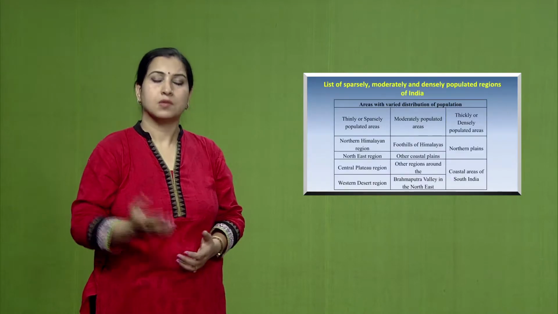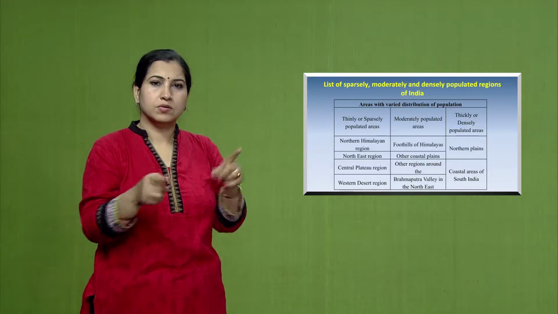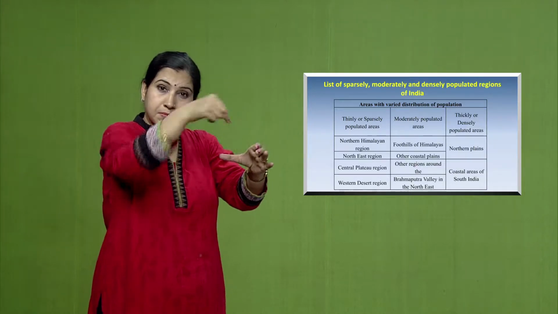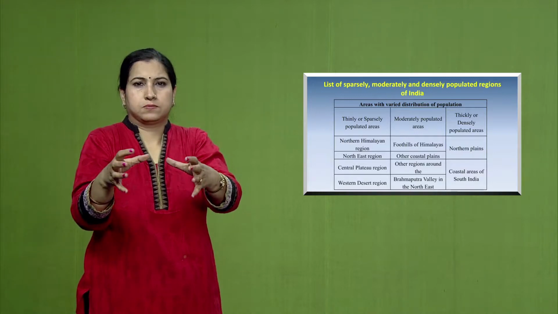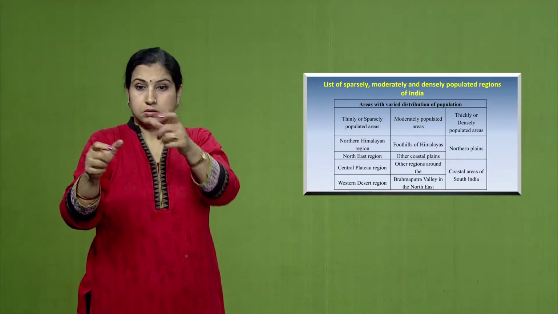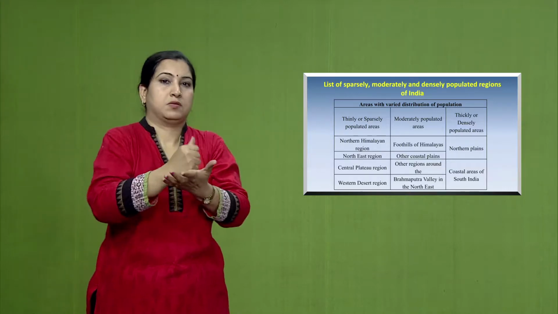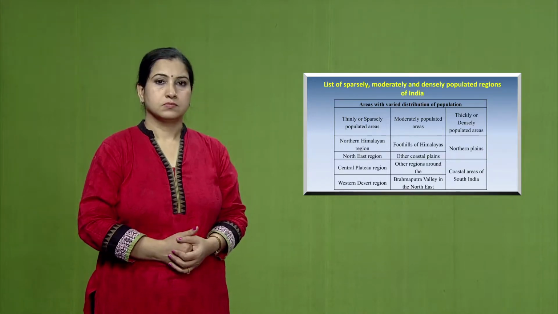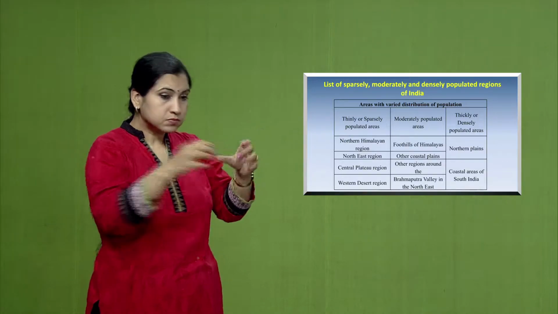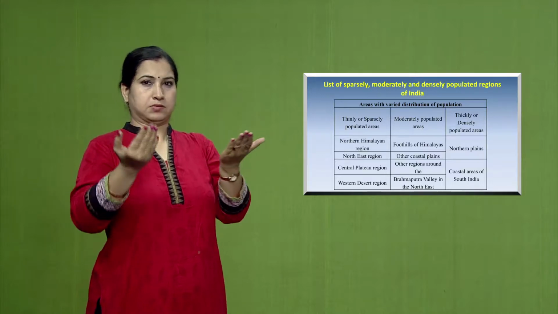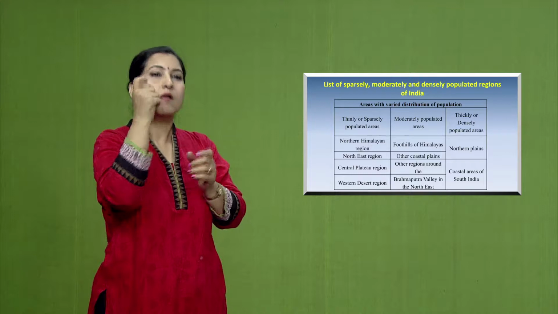Let us prepare a list of thinly or sparsely populated, moderately populated, or highly or densely populated regions of India. Based on the map, a comparison of population distribution in any two states will be quite interesting, isn't it?